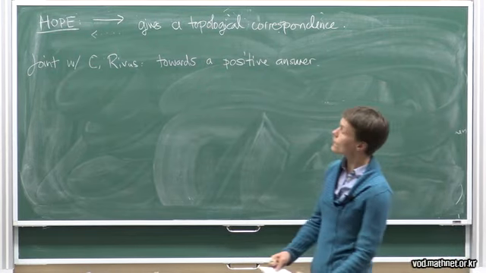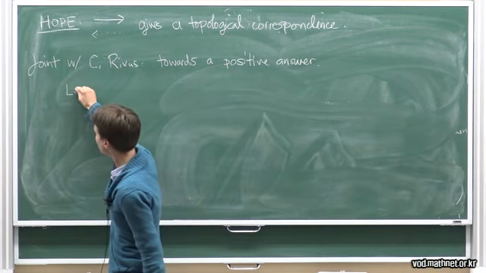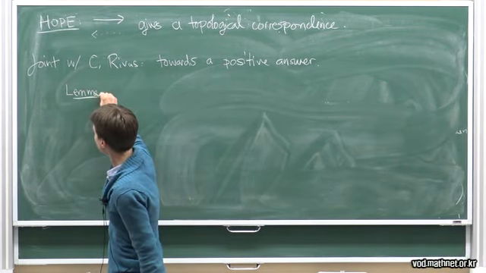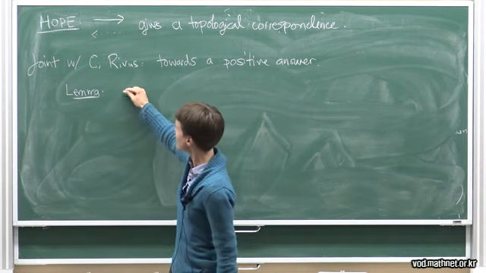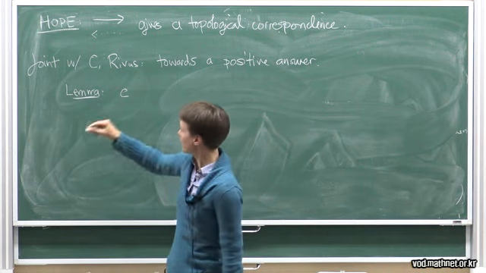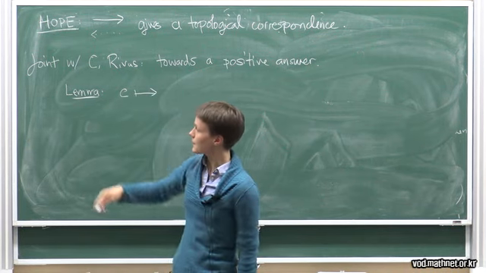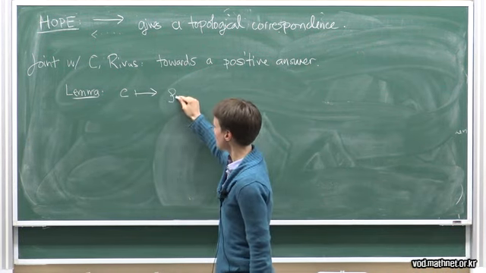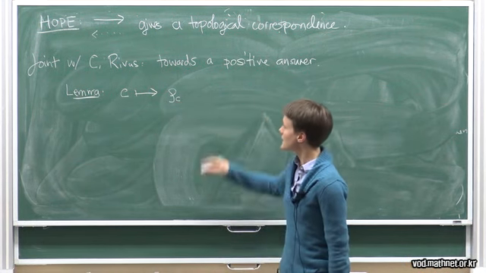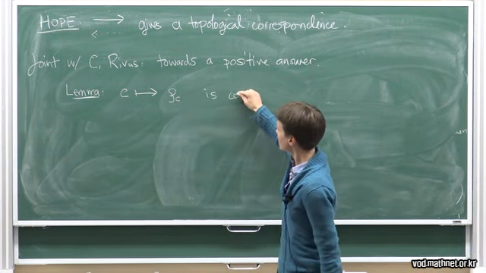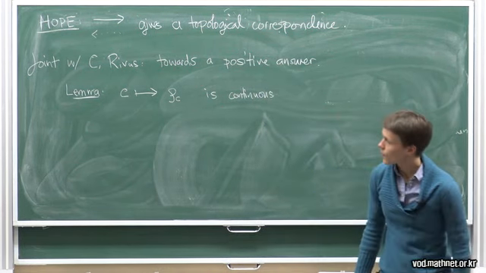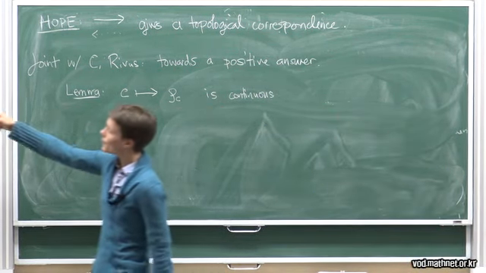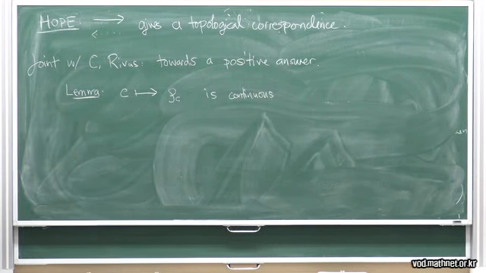Okay. So, for example, here's a little lemma. This correspondence that takes a circular order and assigns this canonical action up to conjugacy is continuous. Precisely, this is not well defined as a map up to here.